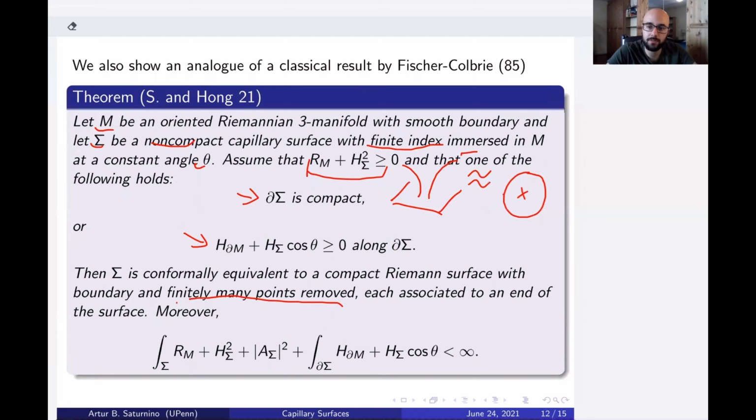So the boundary of the disk corresponds to the boundary of the catenoid here, and this puncture corresponds to this end of the catenoid.